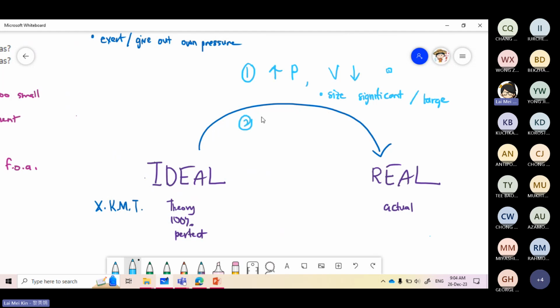Second, temperature. Low temperature. So what happens at low temperature? Kinetic energy is also lesser. So what happens if I have lesser kinetic energy? I cannot move randomly. I cannot move constantly. I don't have enough energy.